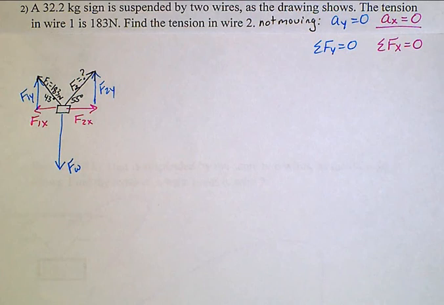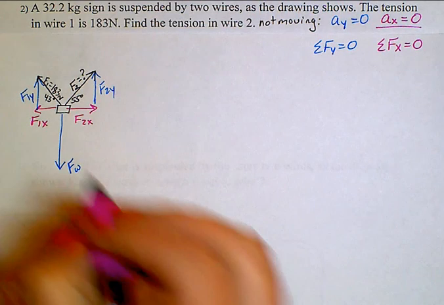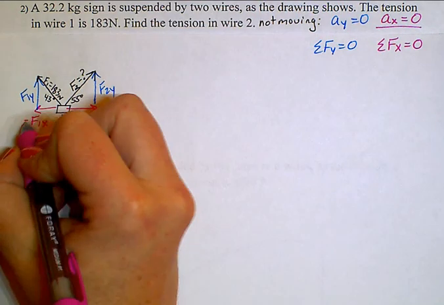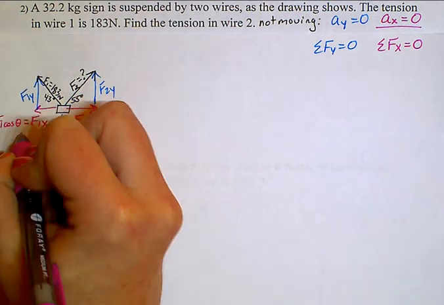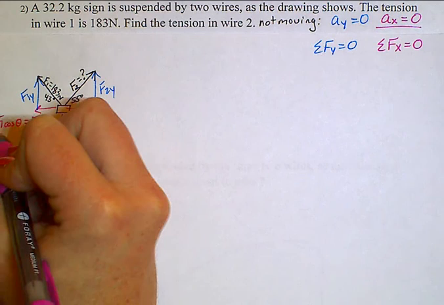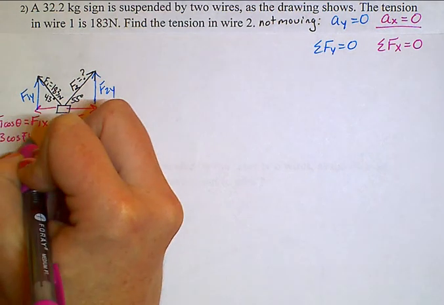What's nice is I usually can get away with just doing x stuff, and I also don't need the mass because it's not accelerating anyway, so the right half of the equation ends up being 0. Over here I can come up with a numerical answer, F1 times the cosine of theta, which is 183 times the cosine of 43.